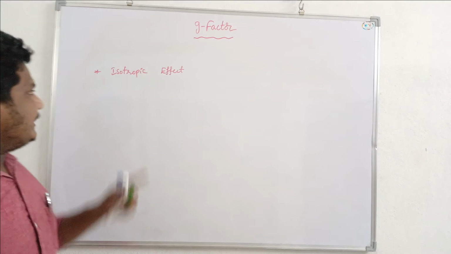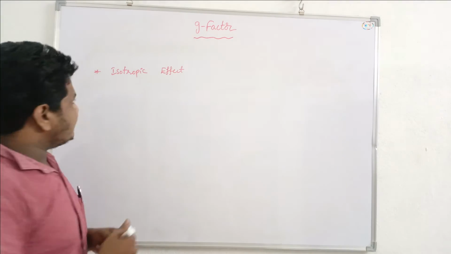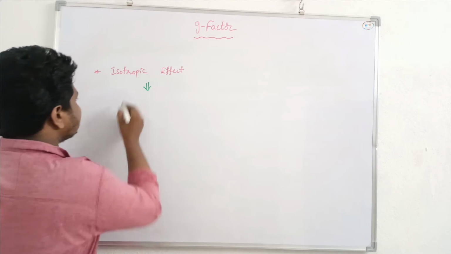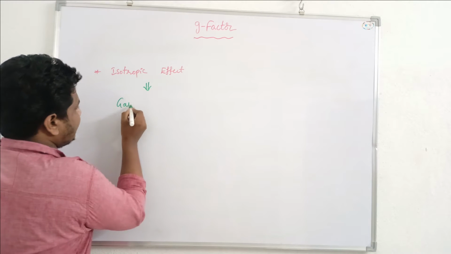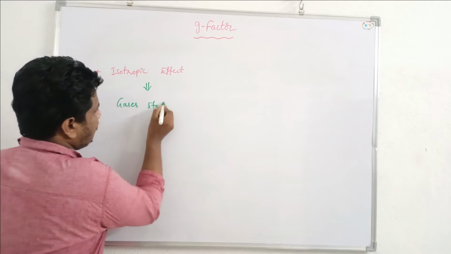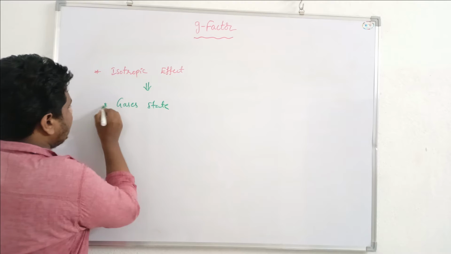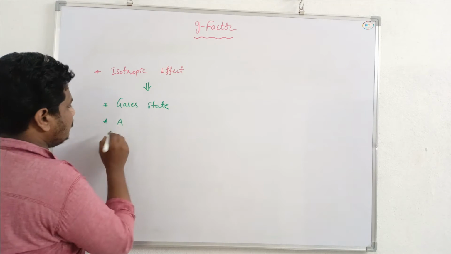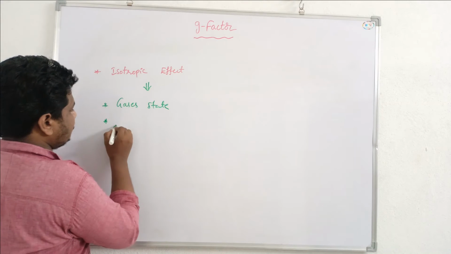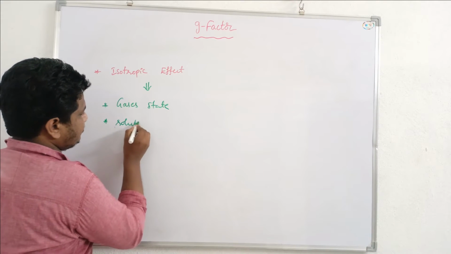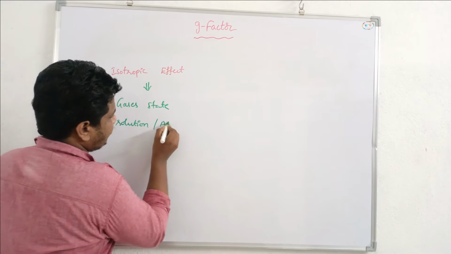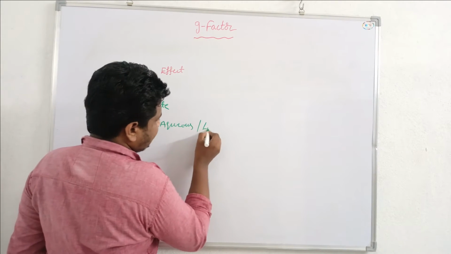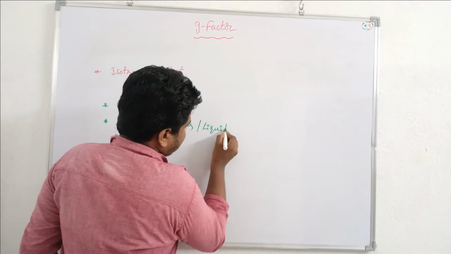Now let us see the isotropic effect. This effect we can generally observe in the case of gaseous state compounds, and aqueous compounds or solution phase compounds, or liquid state.